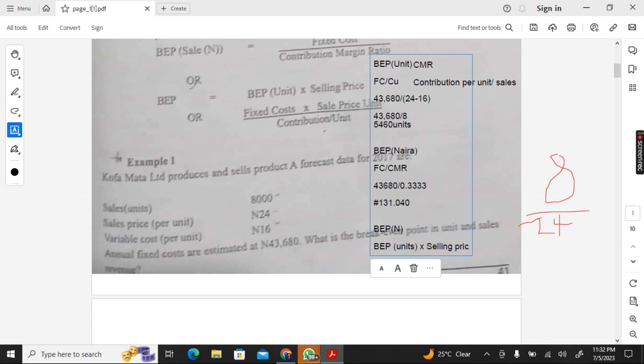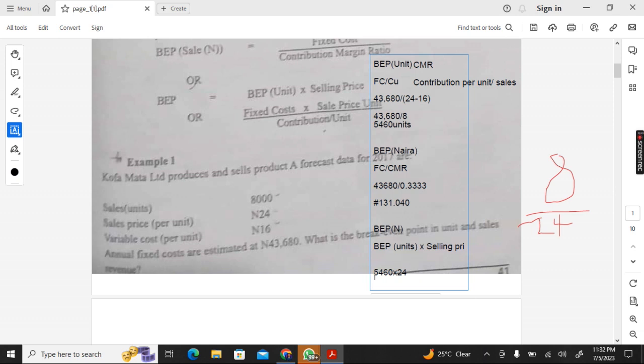So you can calculate it now. That's 5,460 times 24.